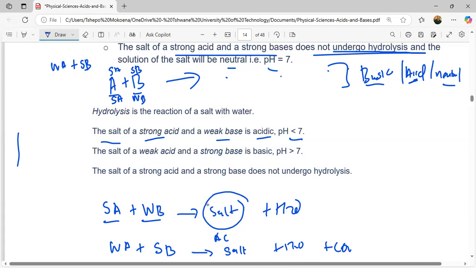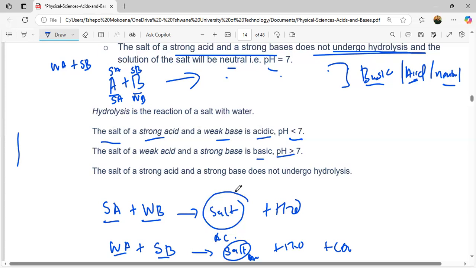So this salt is made up of a weak acid and a strong base. Therefore, this salt will be alkaline, will be basic. When you taste that water, it's going to taste basic, meaning the pH is greater than 7.